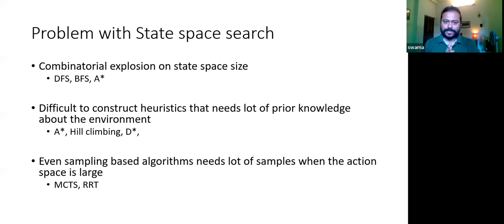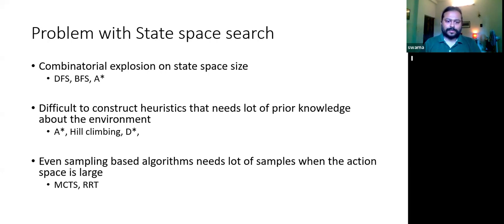Using those estimates, it plans out the most probable path in the state space. That reduces the search space a little bit, but still, if the state space is high and the action space is very high, it is still going to take a lot of computational resources.